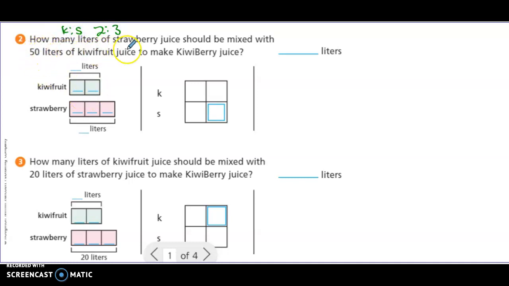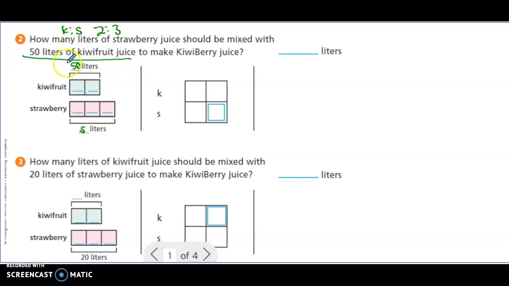Okay, so that's from the original slide. How many liters of strawberry juice? This answer is what we're going to be looking for, should be mixed with 50 liters of kiwi fruit juice. So read everything. Do not just skip to the questions and then try to figure out what numbers should go in there. Read. That's why the words are there.